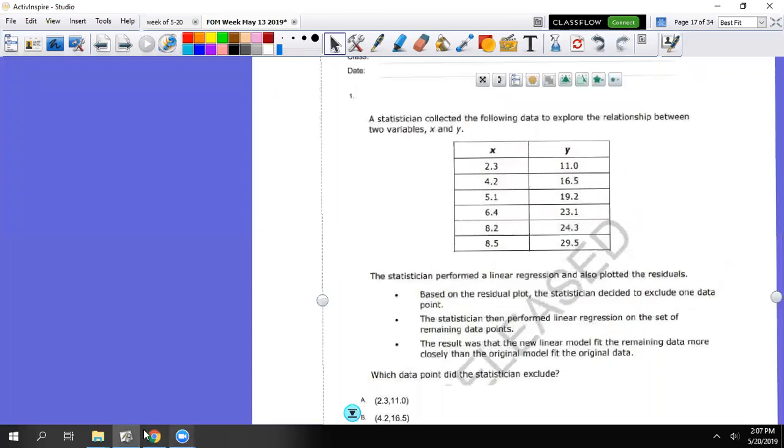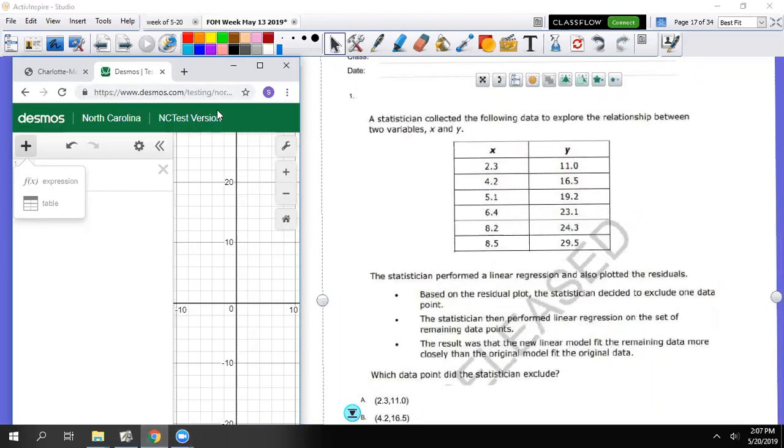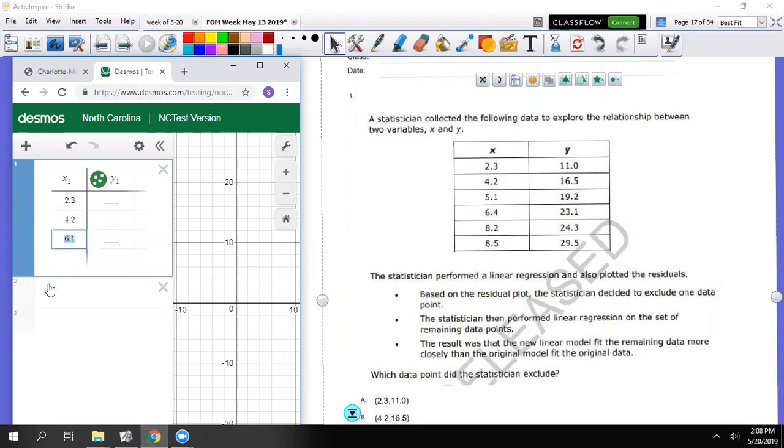So if we notice here, I have up our North Carolina Desmos test taking. Beginning with question 1, I'm simply going to press the plus button, table, and then I'm going to enter the data that we see. So 2.3, 4.2, 5.1, so on and so forth.